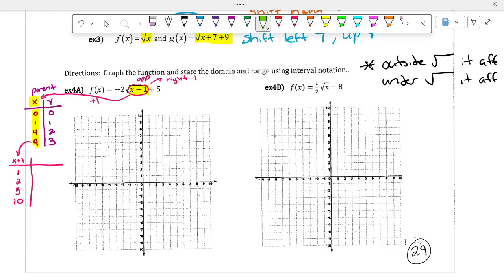Now, next thing that we got to do is our y's. So what's affecting our y's is here and here. Now with the y's, we don't have to do the opposites. We just do what's there. So what operation are we doing here?